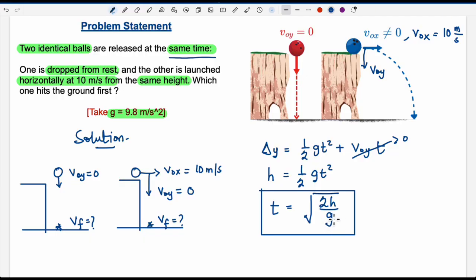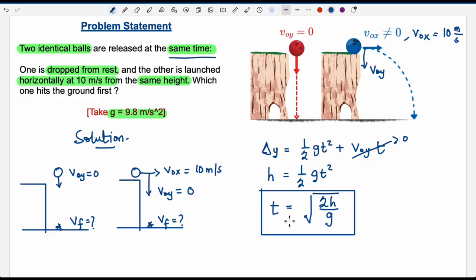So the determining factor of how long an object will take to fall vertically to hit the ground from a certain height is just the height and the acceleration of free fall at that place. So for example, if this is situated somewhere on the moon, we know the acceleration of free fall on the moon is different from that on the earth. So in that case, the time will vary.